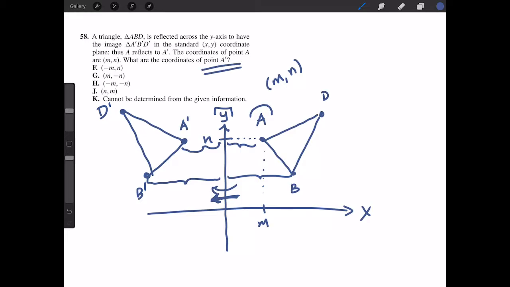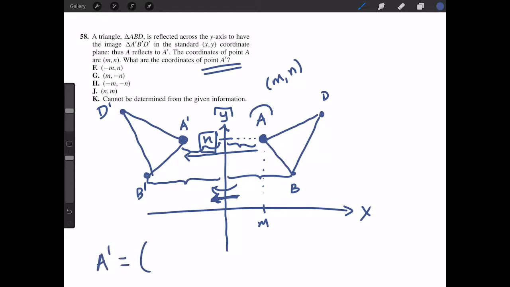Now, what they want us to say, what are the coordinates of point A prime? Well, it's going to have the same n value, the y value, the height, because look, you're just reflecting it across the y-axis, so you're just shifting it from here to here. So you're not really affecting the height of the point.